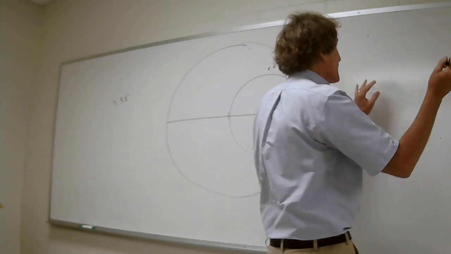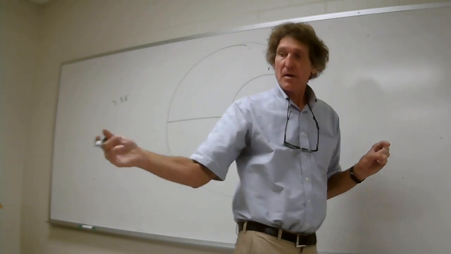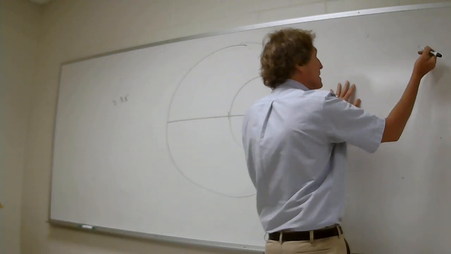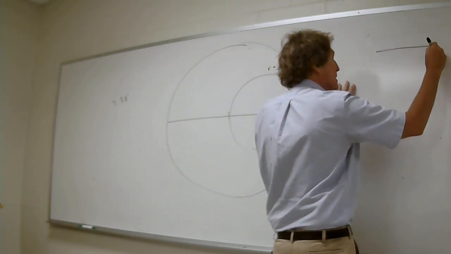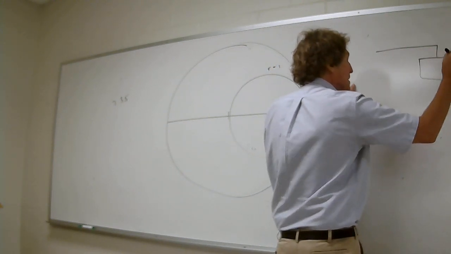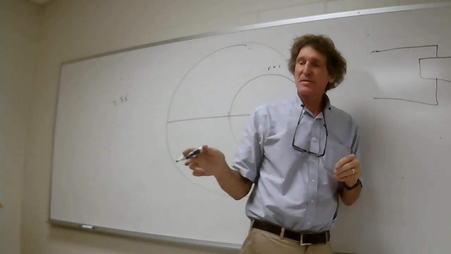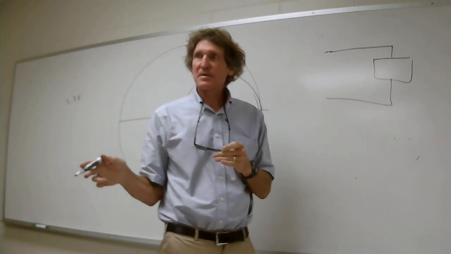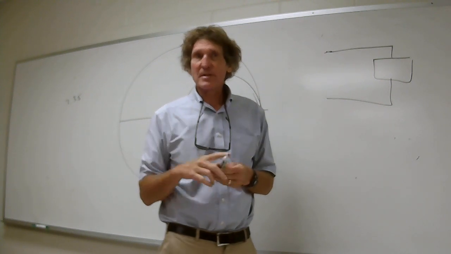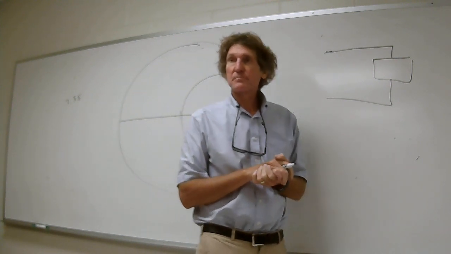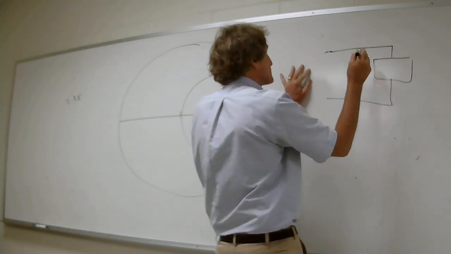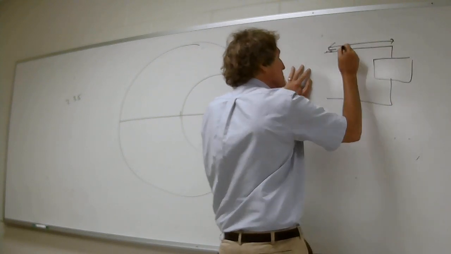Imagine that we're using a reactive element in series with the length d of transmission line to be used to match a 35 minus j50 ohm load to a line.